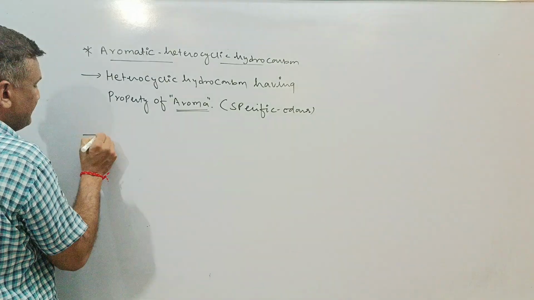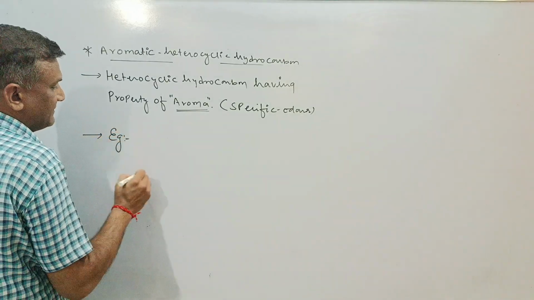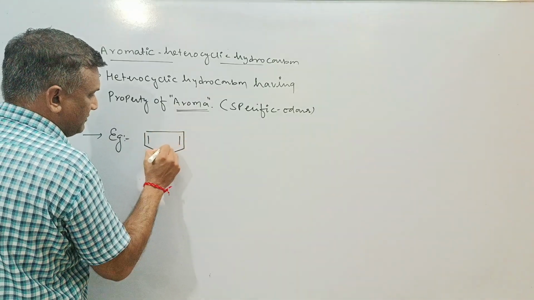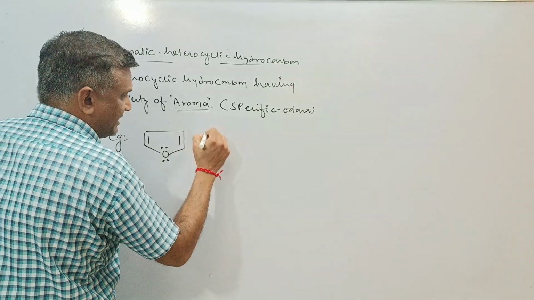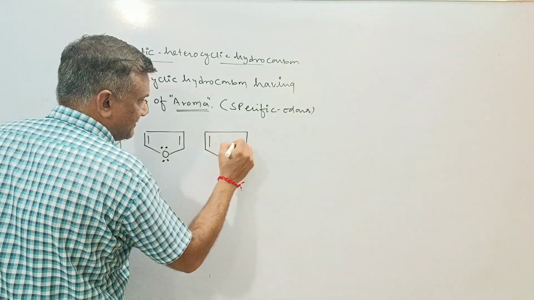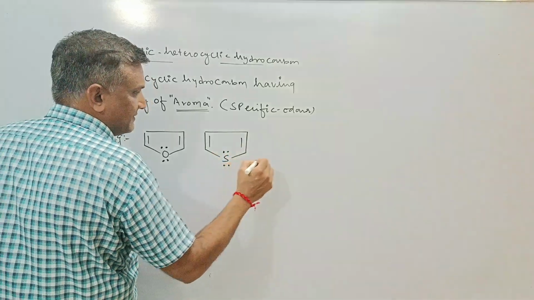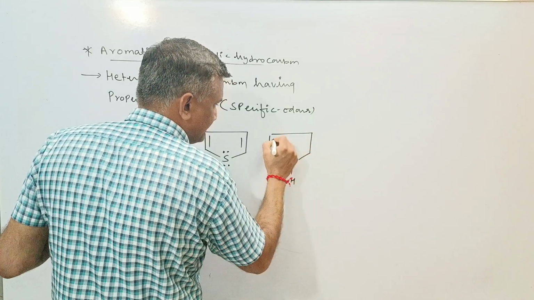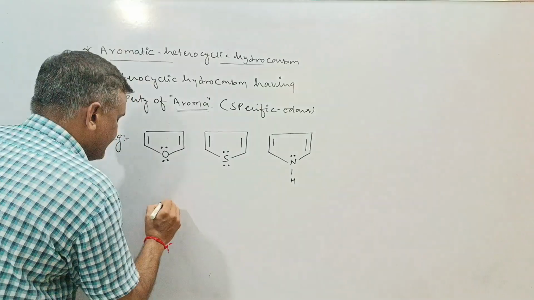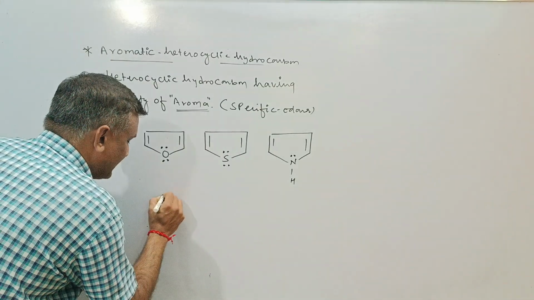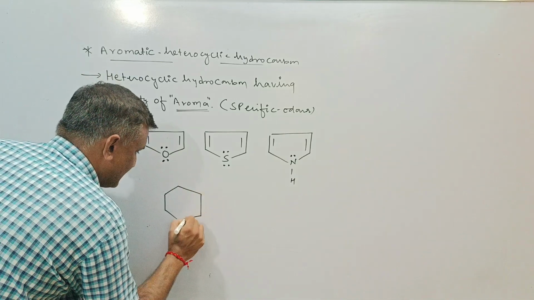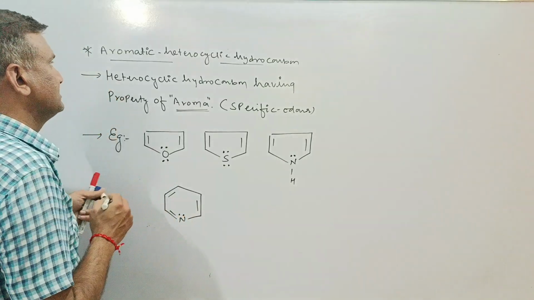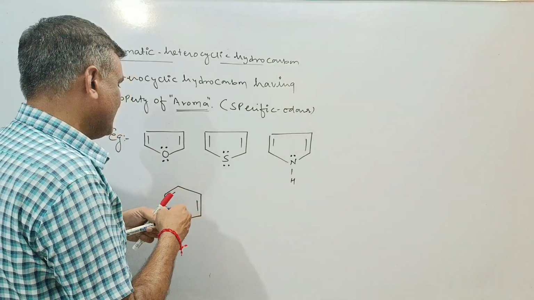If we go with examples, we can take a lot of them. This is the one with O double bond O, this one with S, this compound with N and H double bond with a lone pair, and one like this with N. These are simple examples of aromatic heterocyclic hydrocarbons.